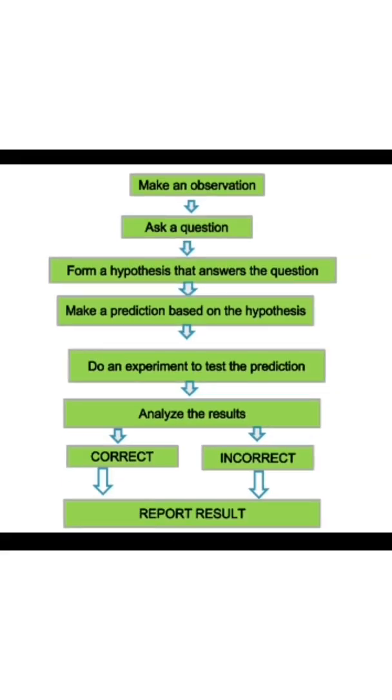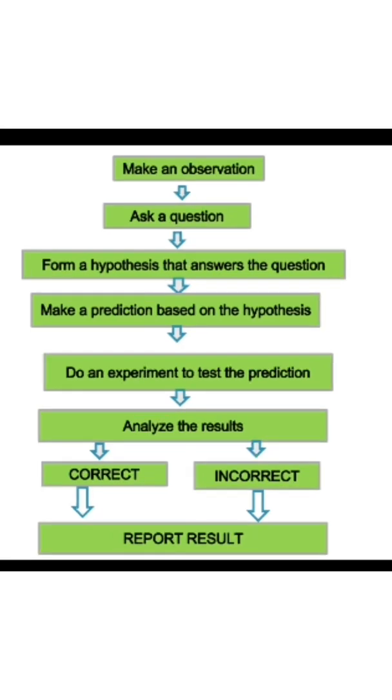Here is the process of the scientific method. First, make an observation, then ask a question. After that, form a hypothesis that answers the question, then make a prediction based on the hypothesis and do an experiment to test the prediction. After all of that, analyze the results and you can get the answer if it is correct or incorrect.